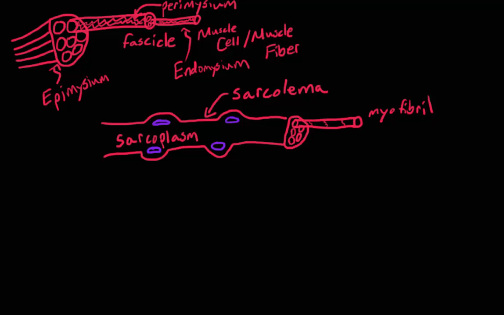What I will do now is identify the structural components of the sarcomere. A sarcomere has several unique features. The first is a zigzag line pattern that we will call the Z line or the Z disc.